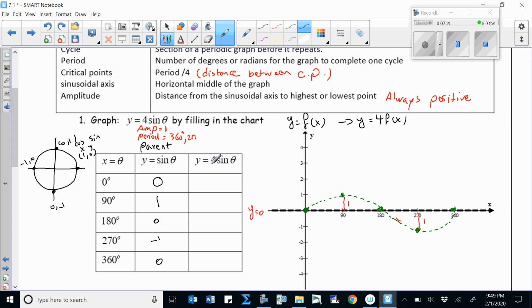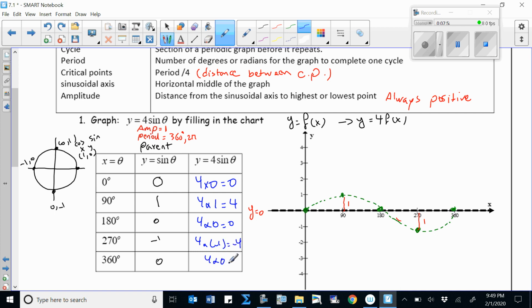Now let's work on this new function, y equal to 4 sine of theta. To find the value of y for each of these angles, all we need to do is multiply the previous values by 4. So this is 4 times 0, 0, 4 times 1, which is 4. 4 times 0 is 0. 4 times negative 1 is negative 4.